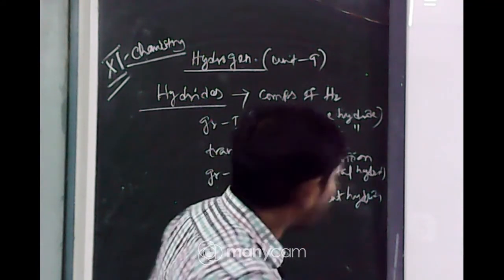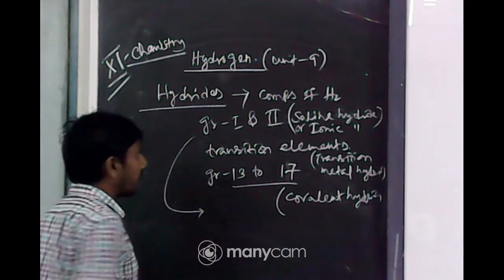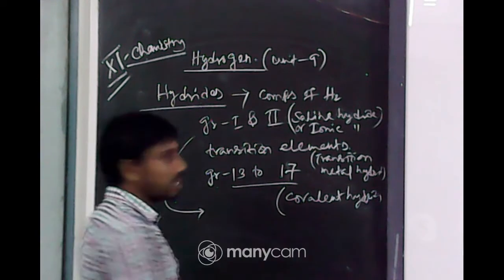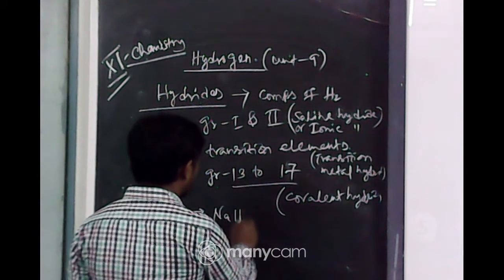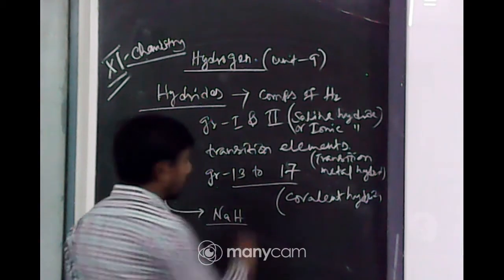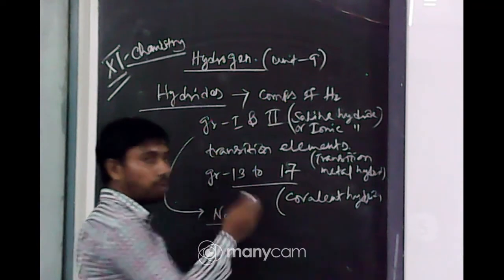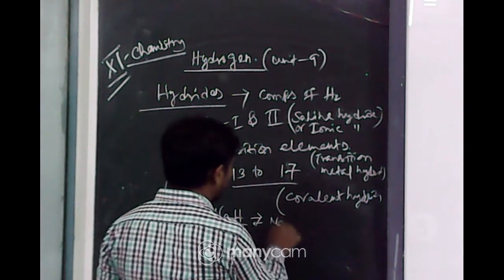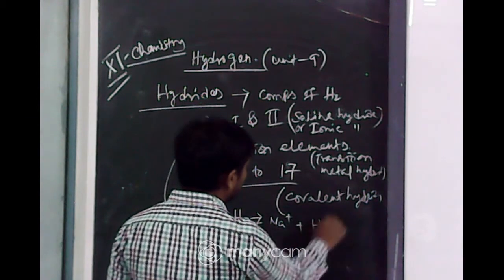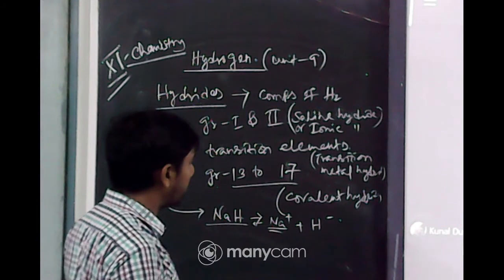Now, first one, that is saline hydride or salt-like hydride. Why is this called saline or salt-like hydride? Because when we electrolyze it, suppose one example I have taken, that is sodium hydride. Sodium is electropositive, it is from group 1, and when it is electrolyzed, it produces Na plus and H minus, because sodium is more electropositive than hydrogen.